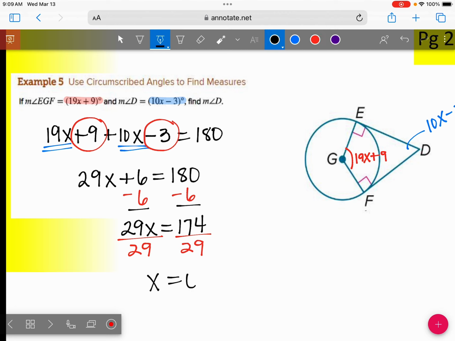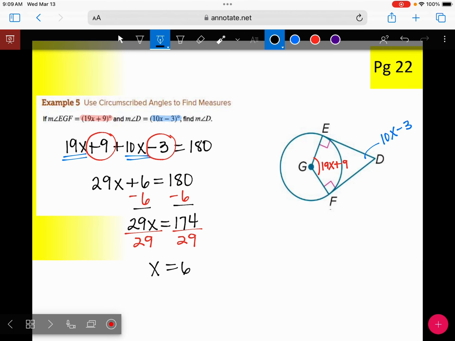So we have x equals 6, but we're not done because it wants us to find the measure of angle D. So we need to put that in that 10x minus 3. The measure of angle D is 10 times 6 minus 3. 57?